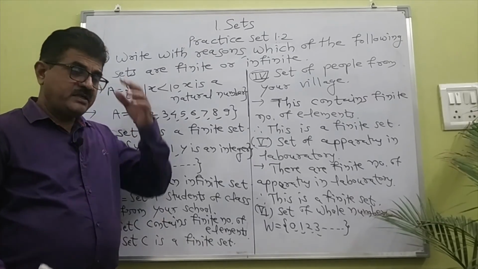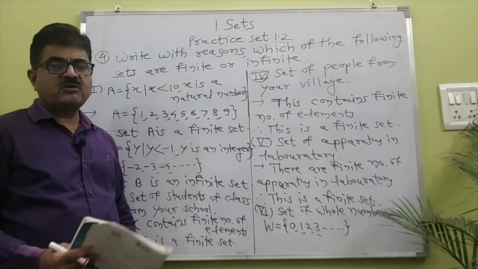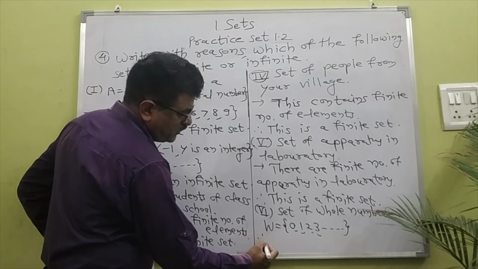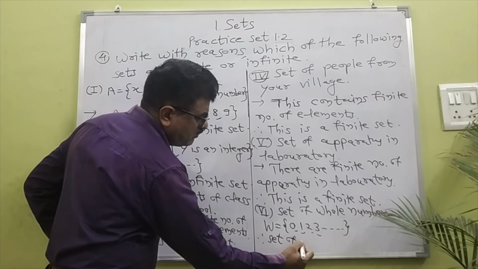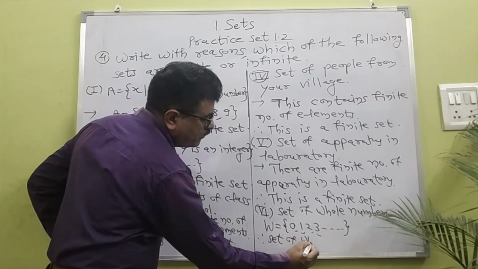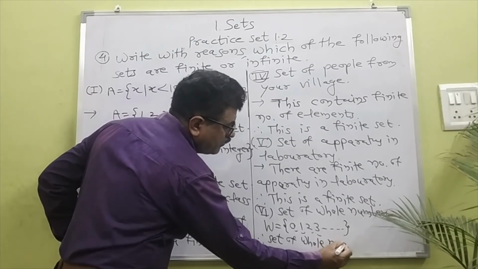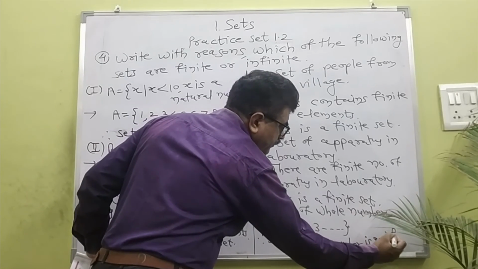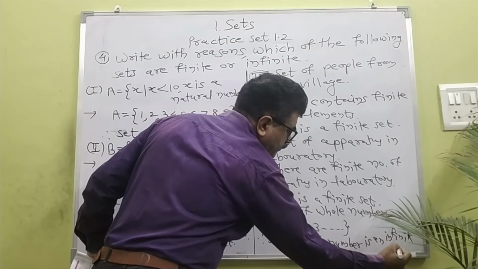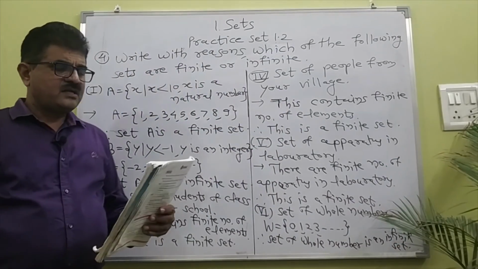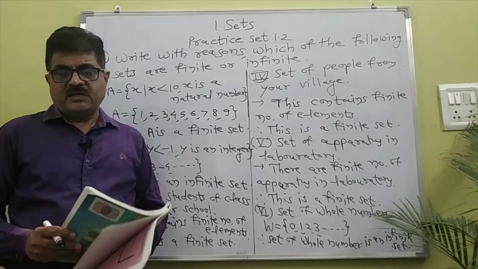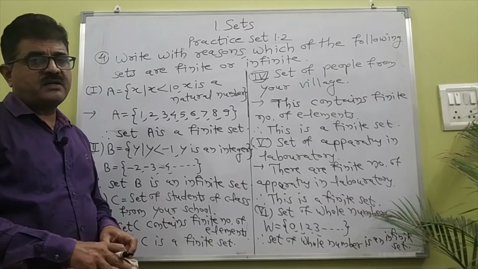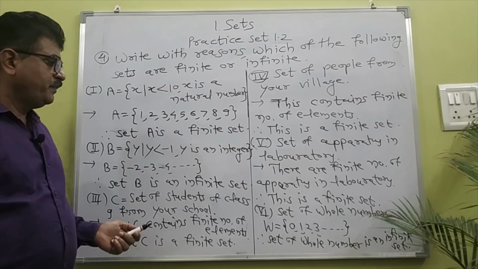Now this set contains an infinite number of elements, therefore the set of whole numbers is an infinite set. And last is the set of rational numbers. There are an infinite number of rational numbers, therefore the set of rational numbers is also an infinite set. Thank you.